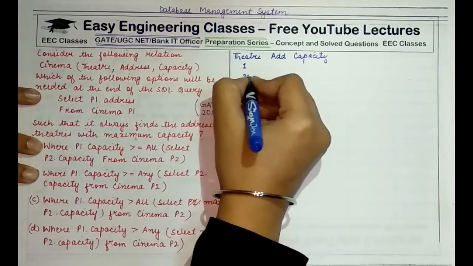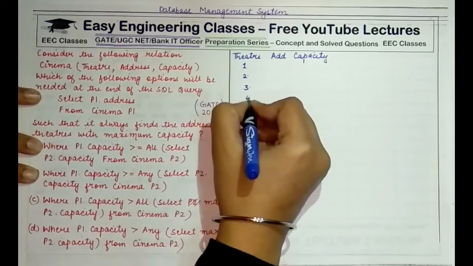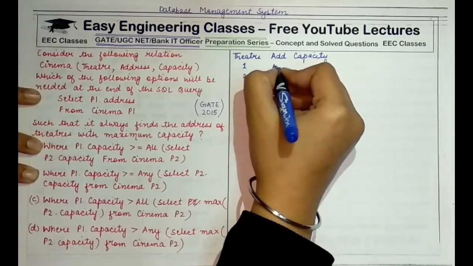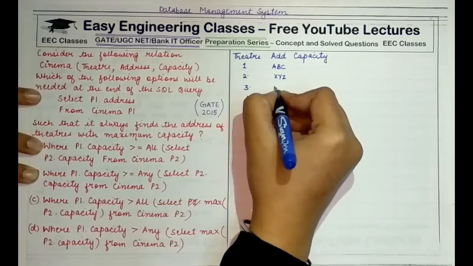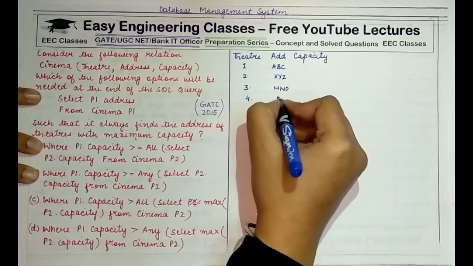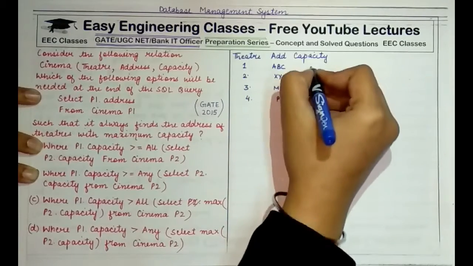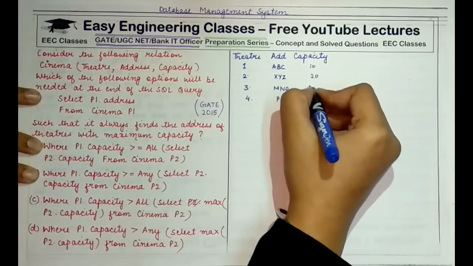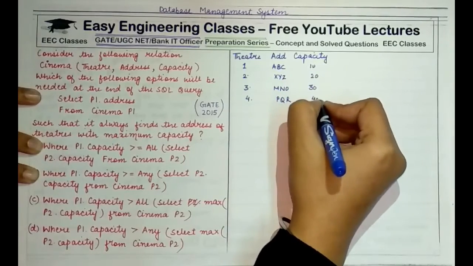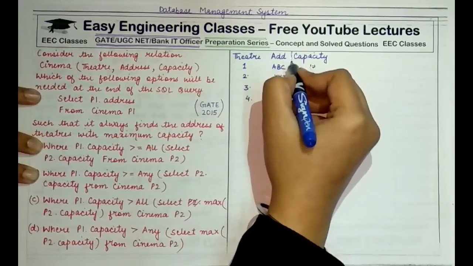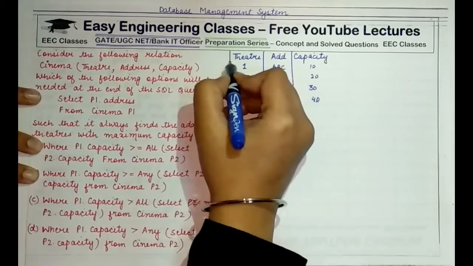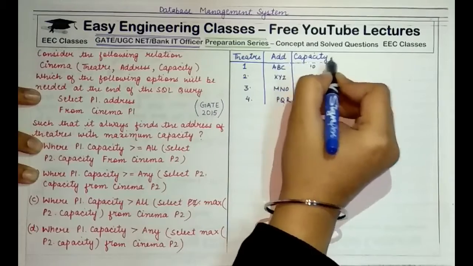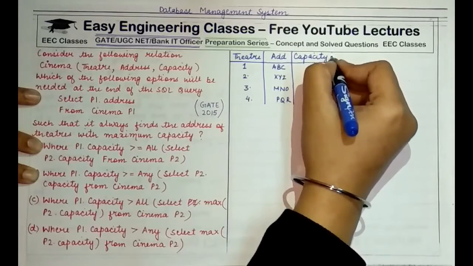So 1, 2, 3 and 4, address ABC, XYZ, MNO and PQR. Then capacity, let's say 10, 20, 30 and 40. Okay, this is our dummy schema that we'll be assuming in this question, and based on this it will be helpful to us in finding out the correct option.